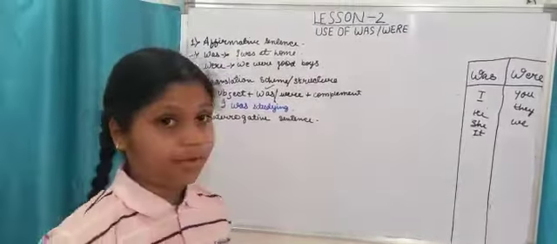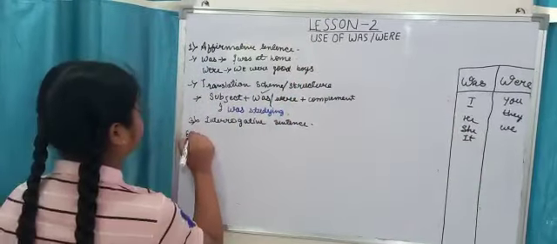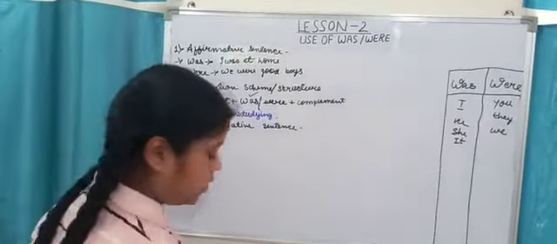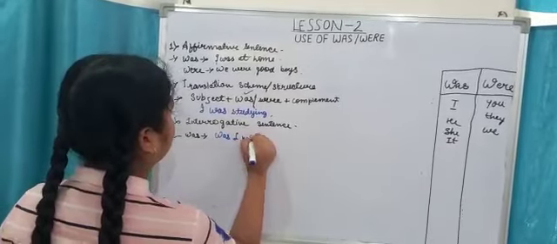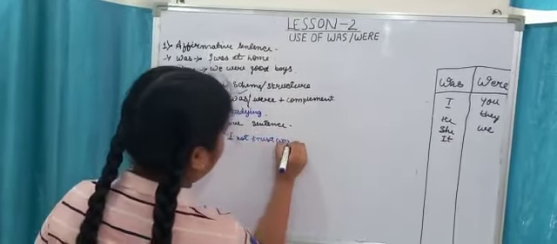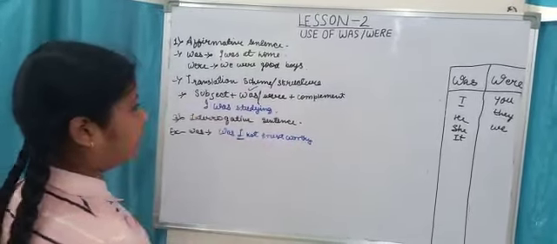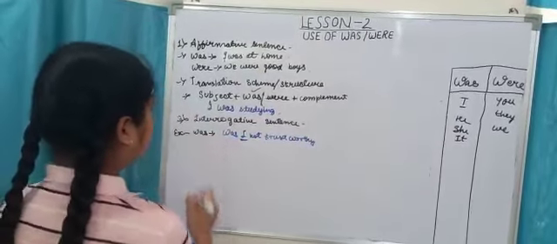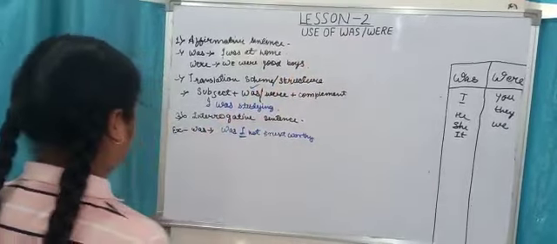Let's take an example with was and were. Example, first was: was I not trustworthy? In this, I is the singular pronoun, and was is the verb we have to apply here.